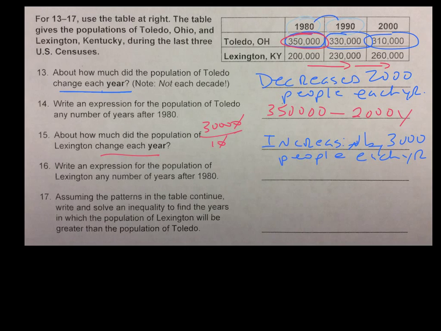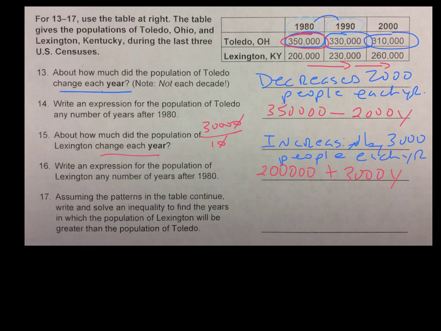Then it says write an expression. Well, that expression would be, we're going to start off with 200,000 people, and we're going to add 3,000 people each year.